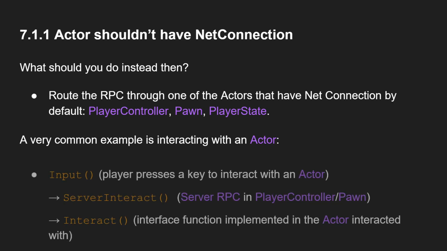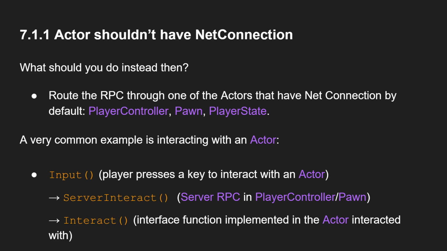A very common example in these scenarios is just pressing an input key to interact with an actor. That input key would fire a server interact function, which is a server RPC found in either the player controller or pawn, for example.